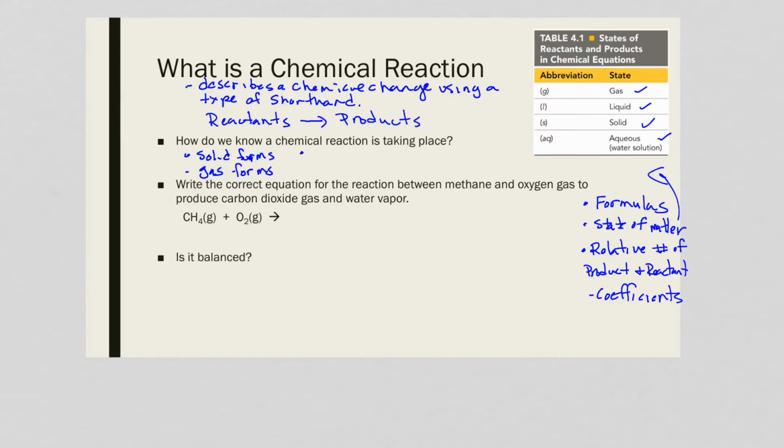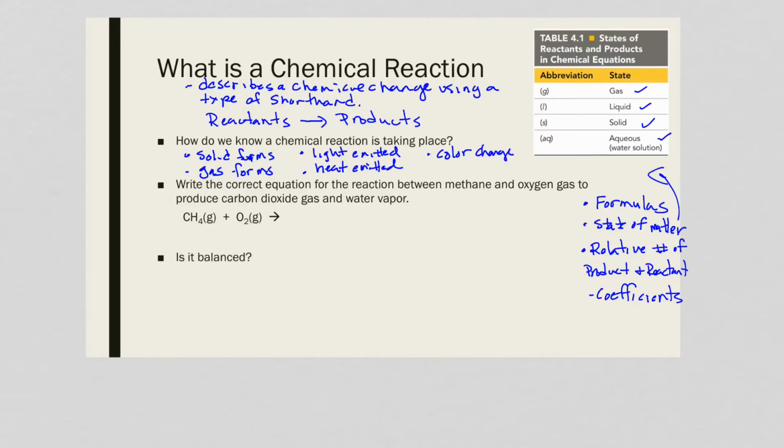Maybe we see light being given off. Or maybe we feel heat being given off, like we did when we burn something, for example. Maybe we see a color change. So these are things that can tell us that we may have a chemical change or a chemical reaction occurring.